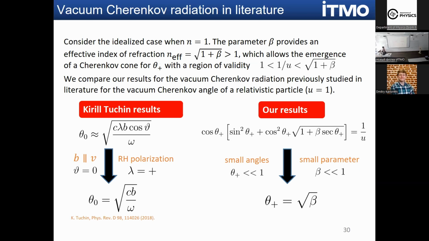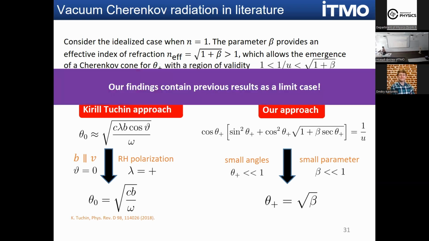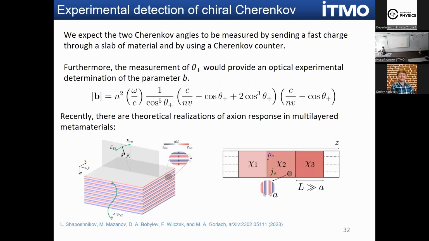And if we make our particle a relativistic particle with velocity equal to 1, and we consider very small angles and very small parameters, we obtain the results immediately. So our findings contain previous results in the limit case.